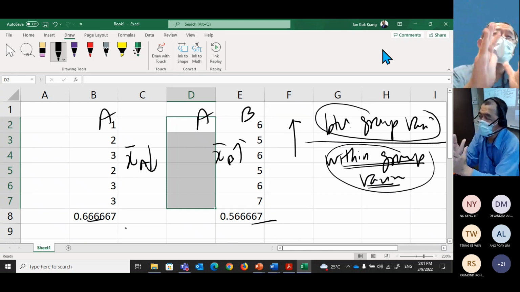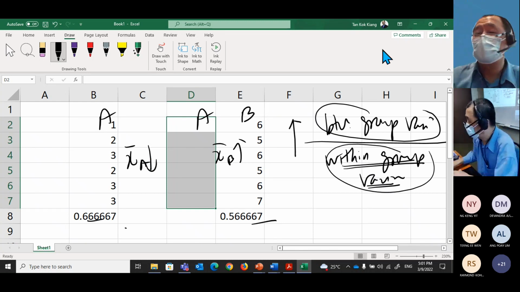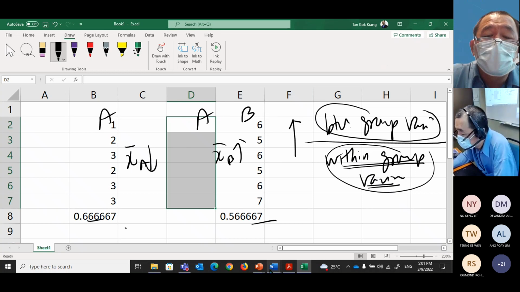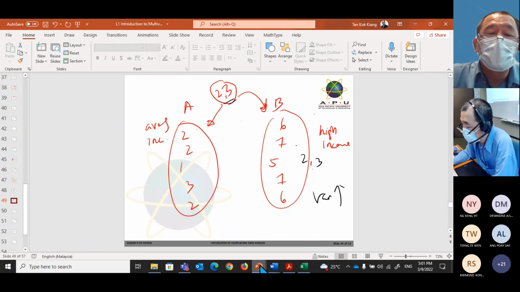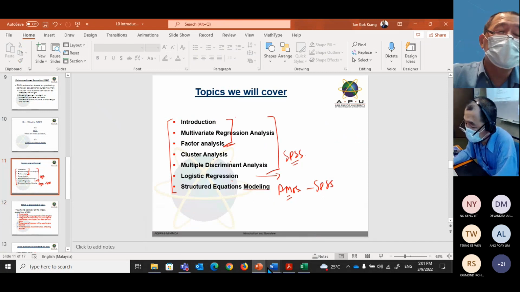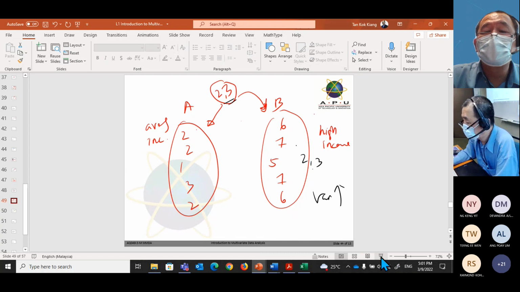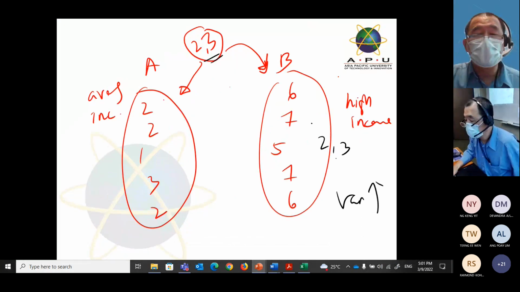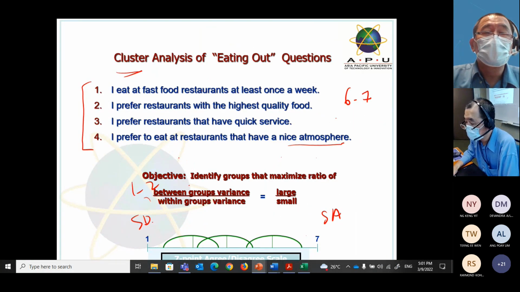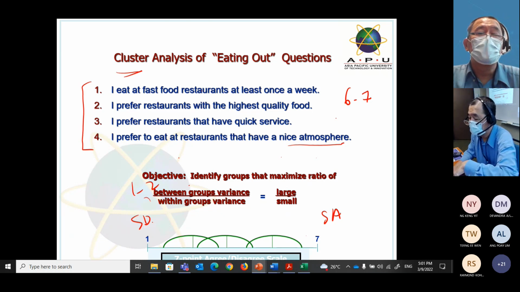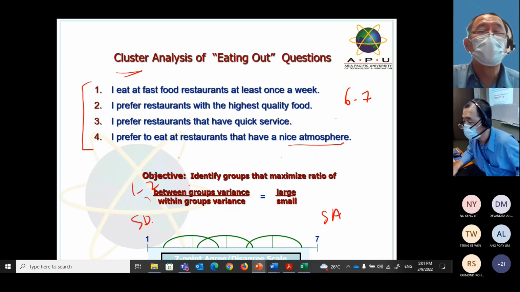Therefore, the between group variance must be large. So that's what we are going to do. Of course, the software will do this for us. We just do the interpretation and make sure you know the meaning of this. You want to maximize the ratio, so it should be large over small.